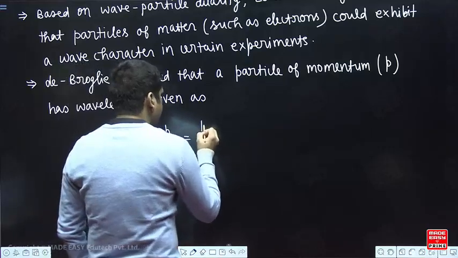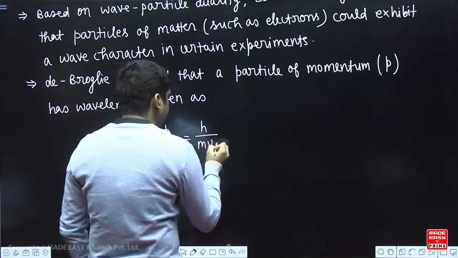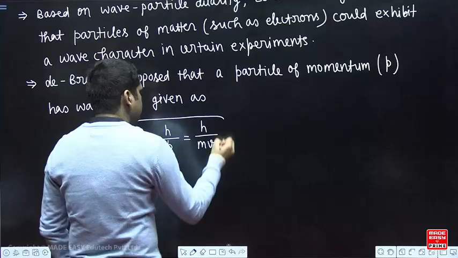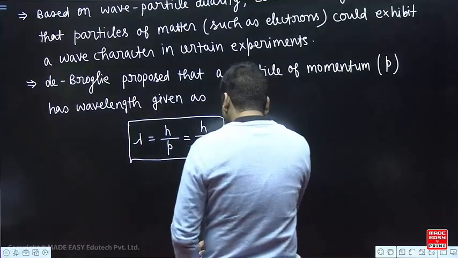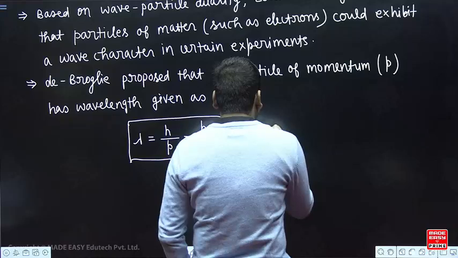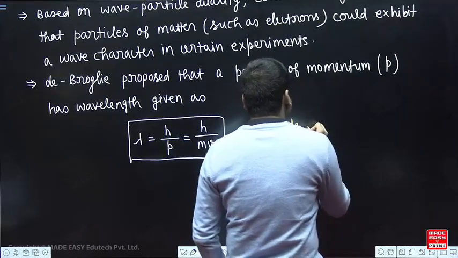It can also be written as h by mv. Here lambda is de Broglie wavelength.